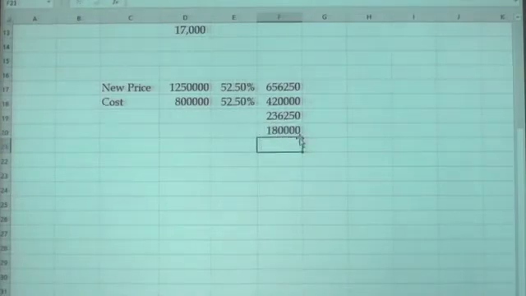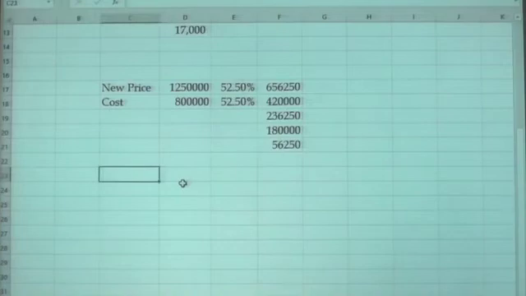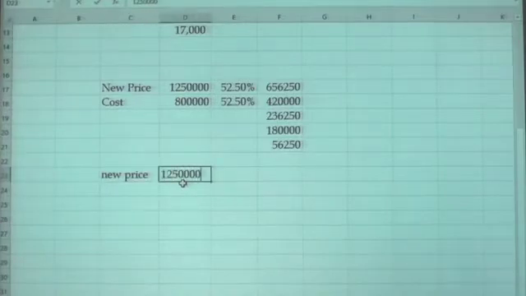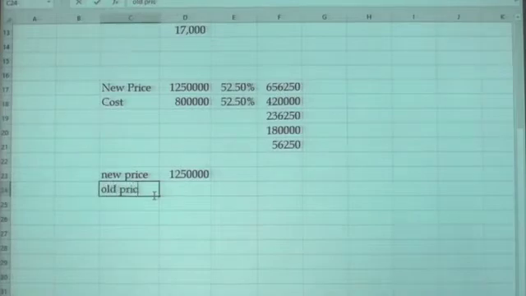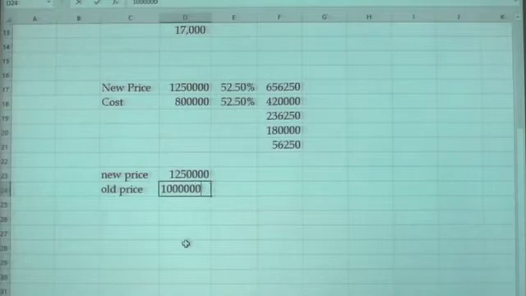Therefore, the difference will be the new profit, sorry, this minus this: 56,250. The same can be calculated like this. New price 1.25 million, old price 1 million, right.